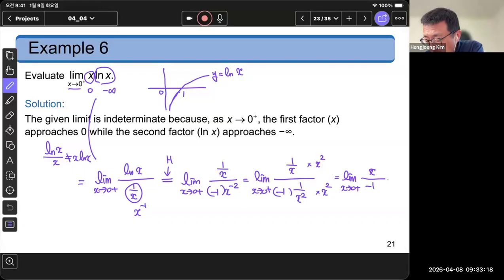So the limit value will be 0. So that is the limit of this expression, which is the limit of x times log x. So the limit will be 0.